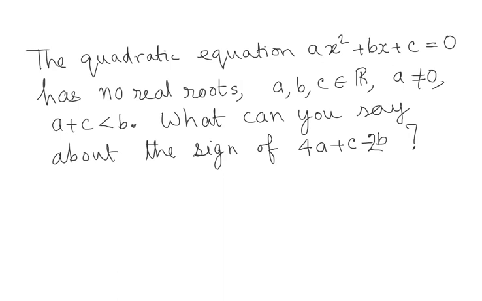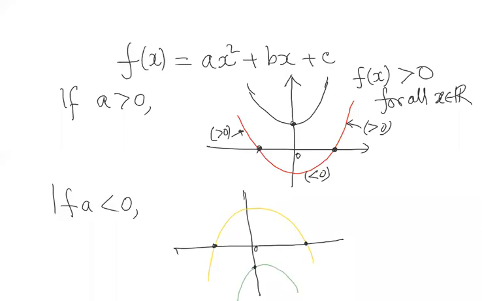Now, to proceed with this, we will look at some simple facts. Let's begin with understanding the quadratic expression ax² + bx + c. If we look at its graph, we see that it depends on the sign of a.